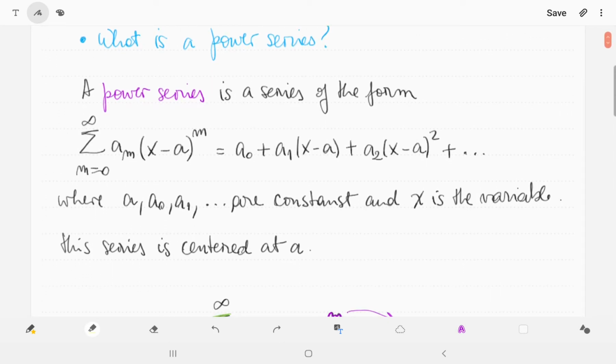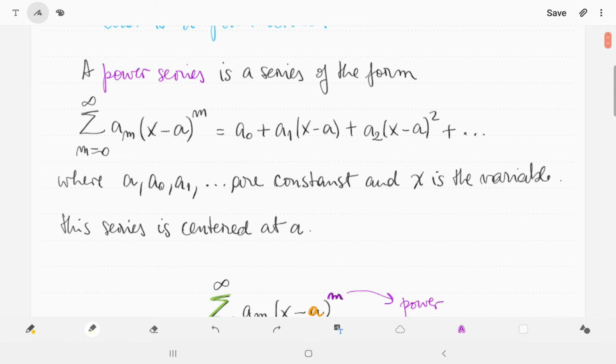It's a series of this form where we have, like here, the power m. This a is called the center of the series. And it's like this sum where we have infinite terms.